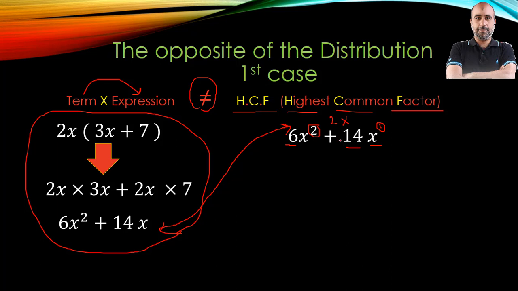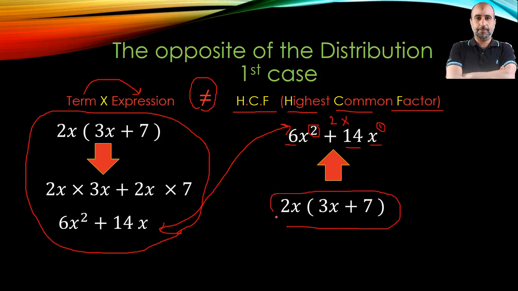If we take the HCF 2x, we will find 2x. 6 divided by 2 equals 3. x power 2 divided by x equals x. Plus 14 divided by 2 equals 7. x divided by x equals 1, not written. That's the first step.